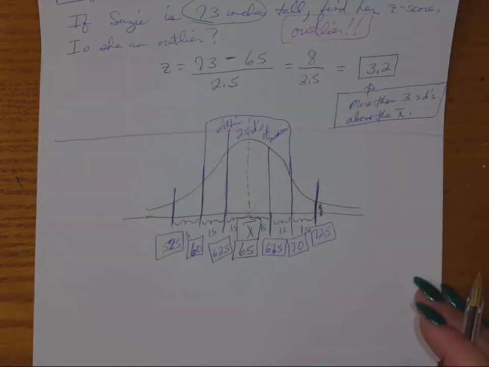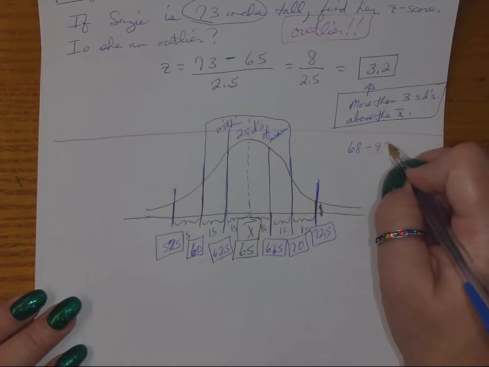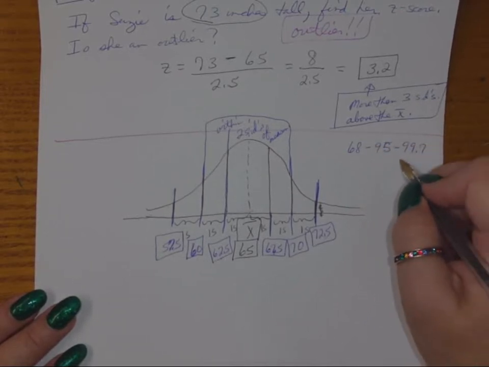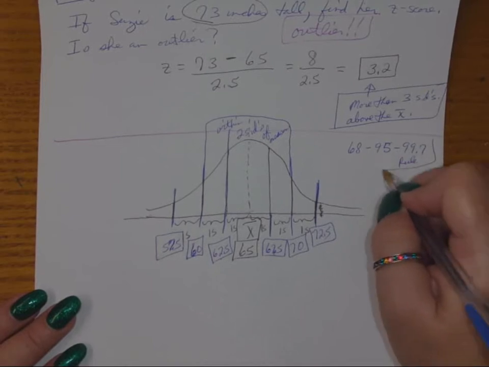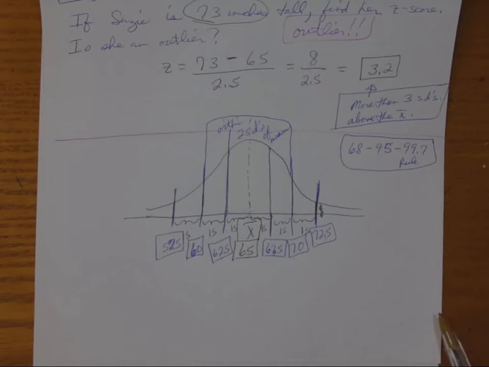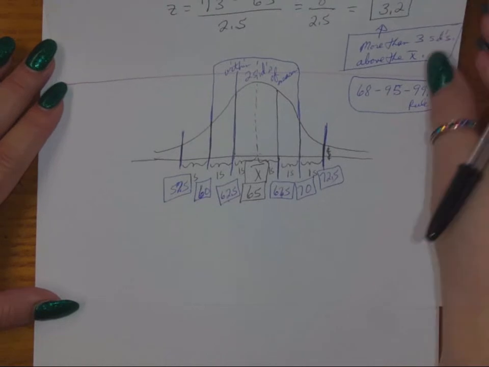All right, so here's the question. Whenever we start dealing with, again, remember our rule, it's the 68, 95, 99.7 rule. That's what it's called. Okay, so here are a couple of random questions, and this is how you would be asked to utilize this particular set of data and this particular rule.